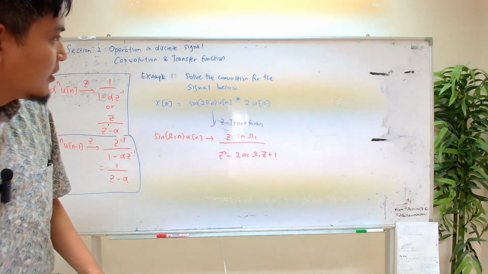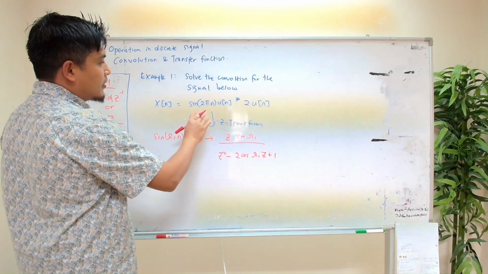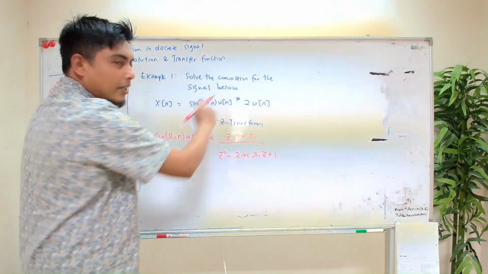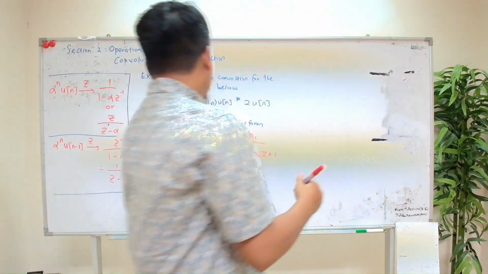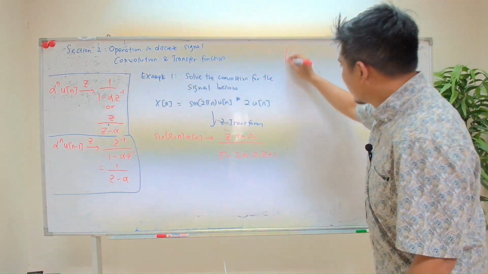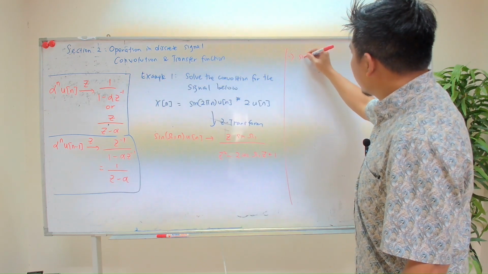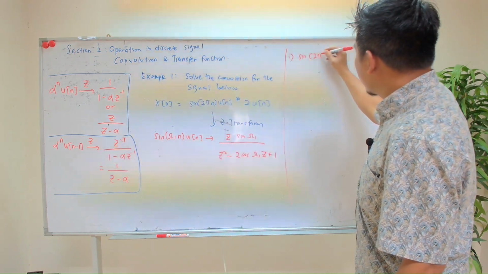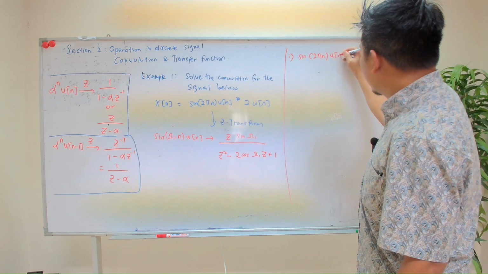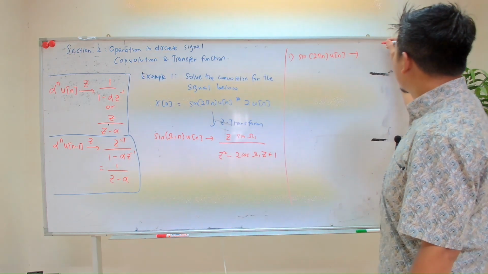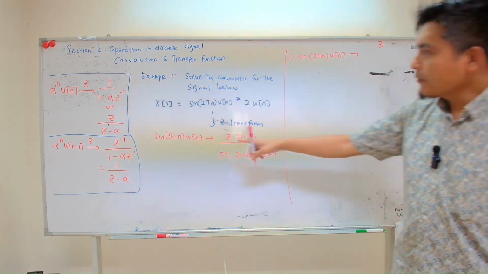So in this case, since we have two signals, the first signal and the second signal, we just need to take the first signal, sin(2πn) u[n], and convert it to the Z domain.